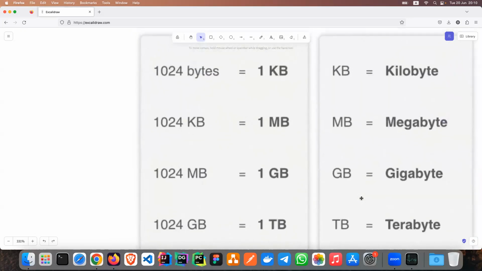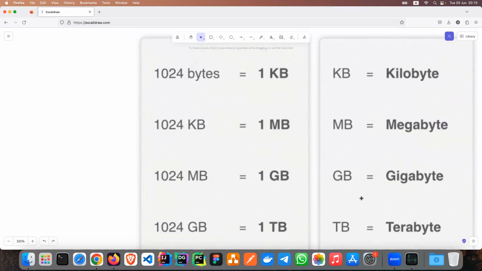Okay. Why exactly 1024? I'm not sure. As you know, it's a power of 2. Probably it's related to the fact that in memory I can only store 0 and 1, right?